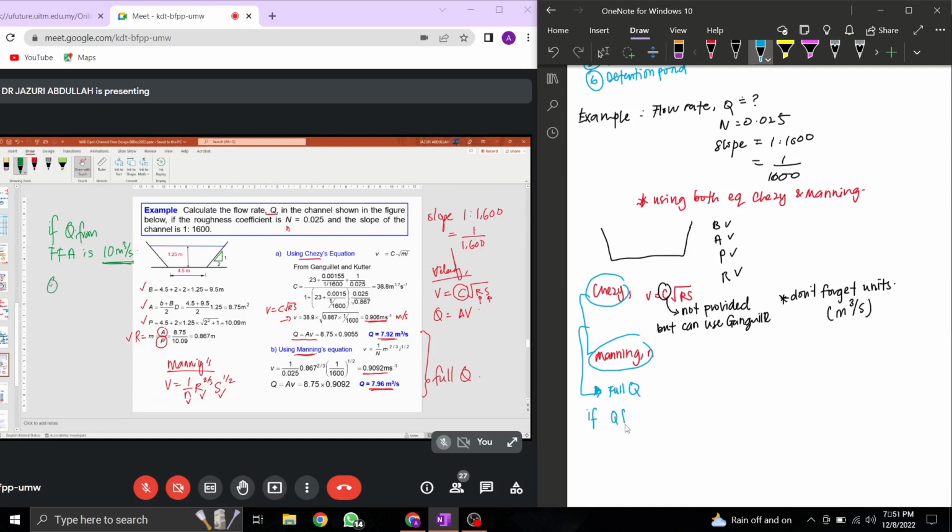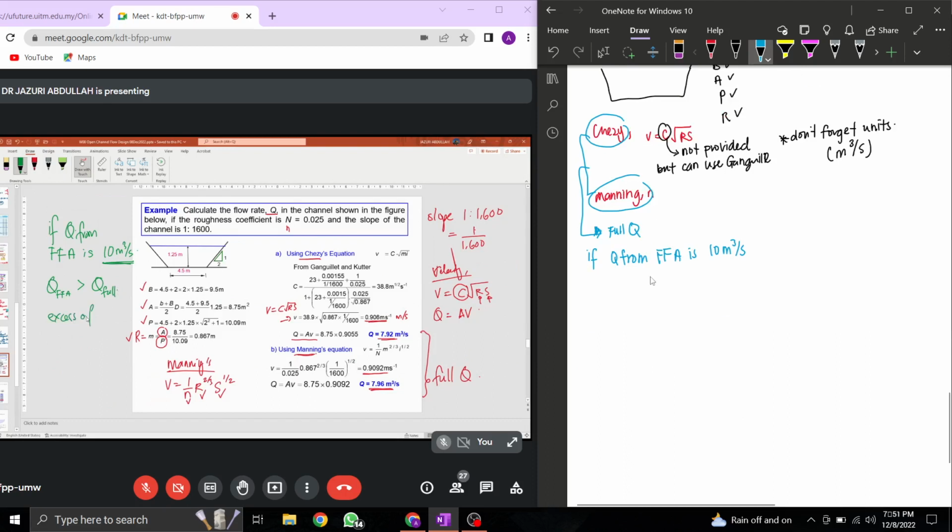So Q from flood frequency analysis more than Q full. Okay, so you have the excess of about, sih kalau 3.1 meter cube per second. Okay, so now with this 3 meter cube per second, bagaimanakah 3 meter cube per second akan berlakunya limpahan?